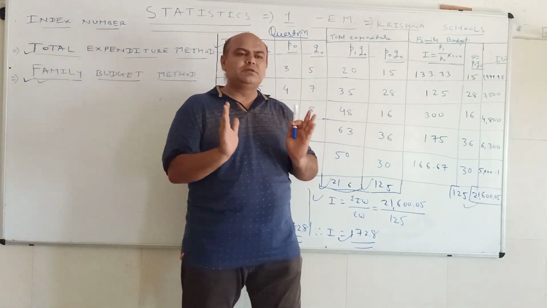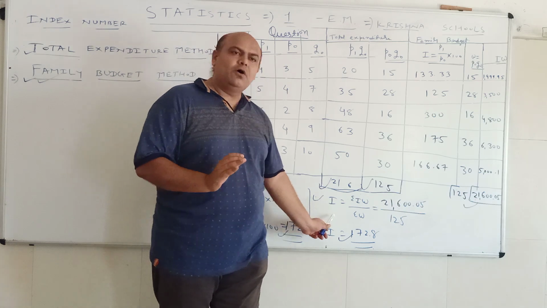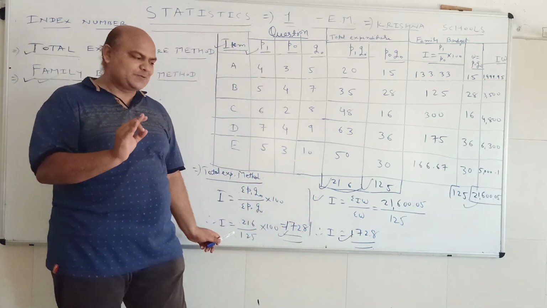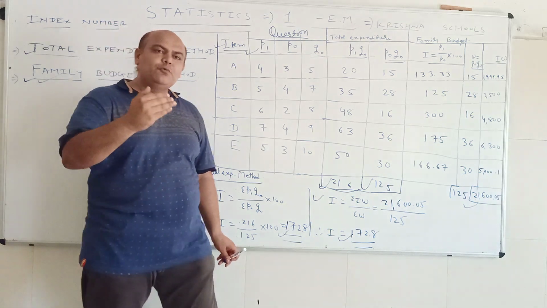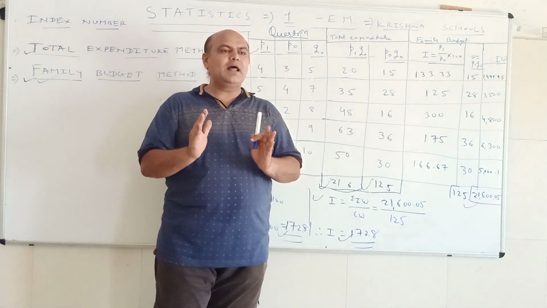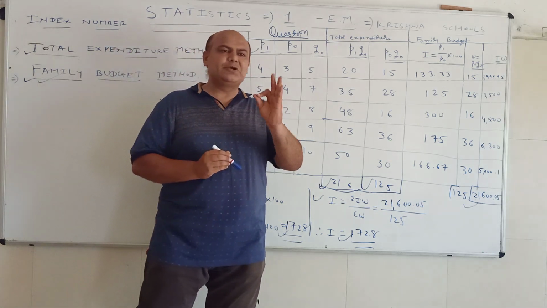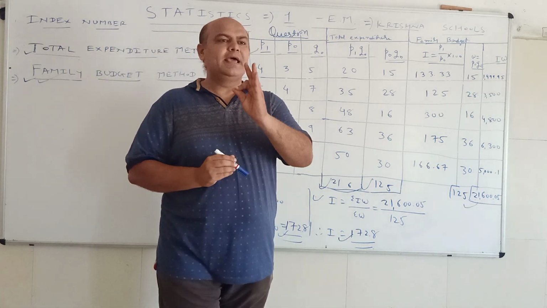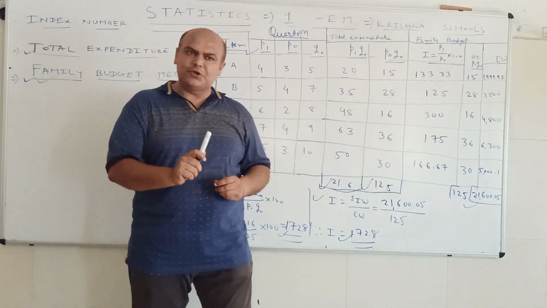After preparing all the columns, put the values into the formula of family budget and total expenditure and get the answer. So now onwards, you all are easily able to calculate the sums related to total expenditure method and family budget index number method.